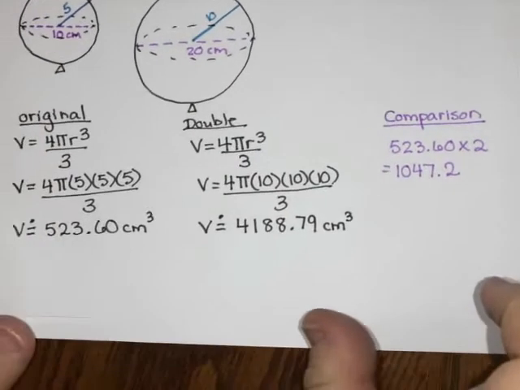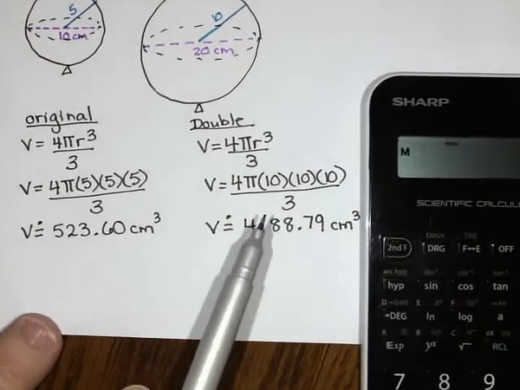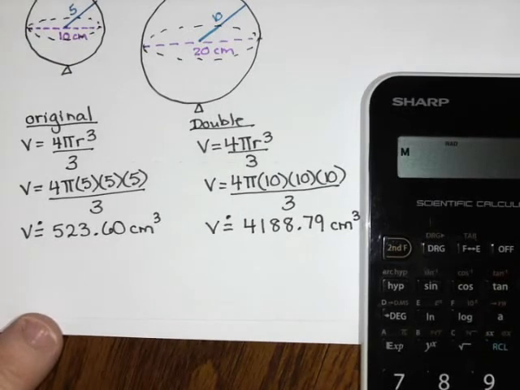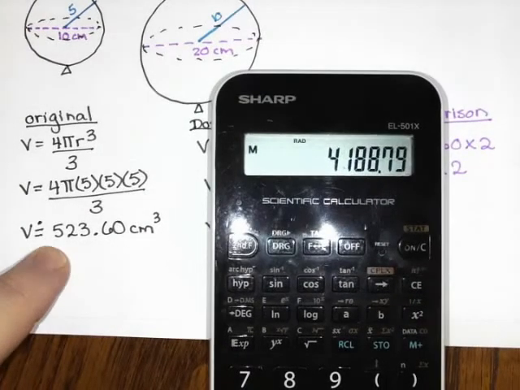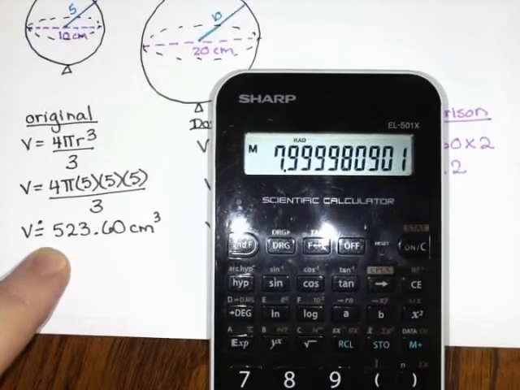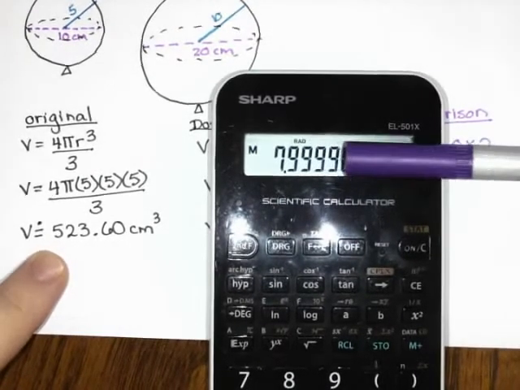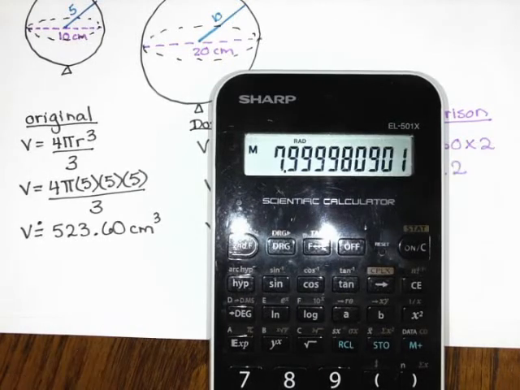Now, what if I wanted to know how many more times it actually is? What you can do is take this number, 4,188.79, and divide that by 523.60. And if I do that, I get 7.9999, and then it keeps going. That would round up to approximately 8.